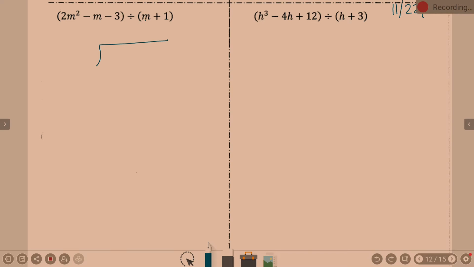The first item, whatever you're trying to divide. So 2m squared minus m minus 3 goes in our box. And then what we're dividing by goes outside the box. So m plus 1 goes outside the box.